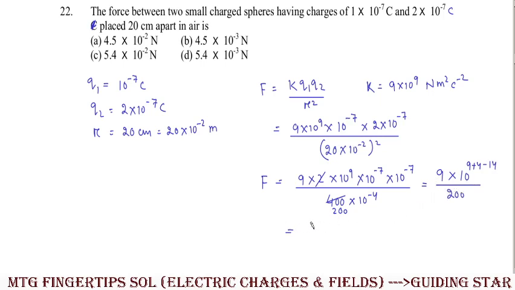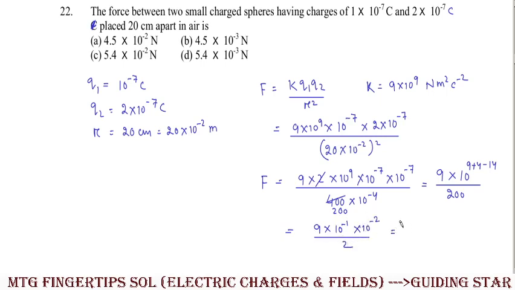So approximately this particular value will be 9 into 10 to the power 13 minus 14, so 10 to the power minus 1, and here 2 into 100, that means 10 to the power 2, so it will be 10 to the power minus 2 divided by 2.